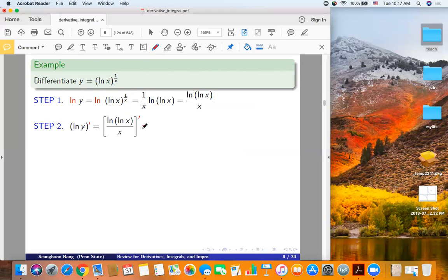You can use the quotient rule: the top one's prime times the second one, minus ln of ln x times x prime, over x squared.